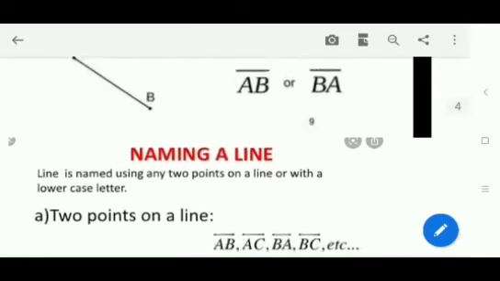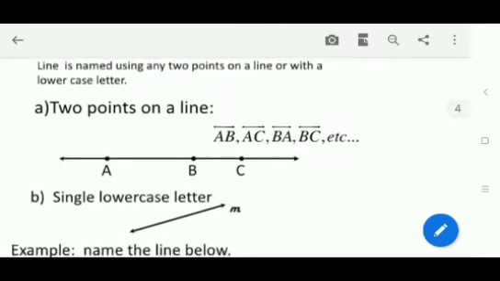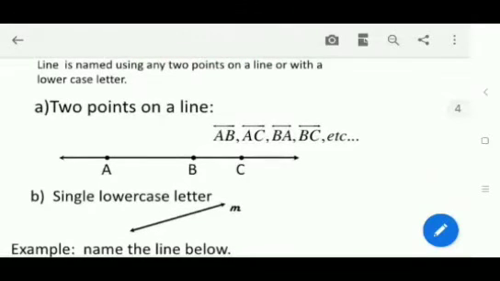When we talk about a line, you can name a line by using two letters. If you're using two letters to name a line, we take it as 2 points on the line.